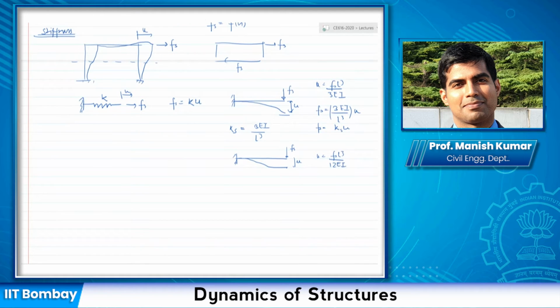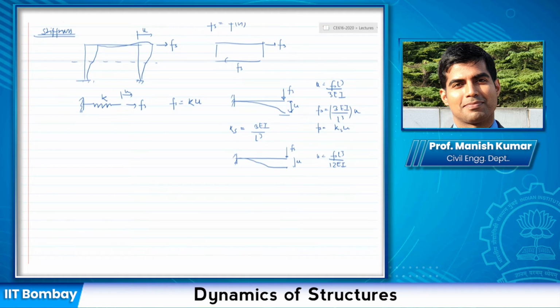You can refer to your structure analysis textbook. I'm not going to go into derivation on all those things. You can pick up any textbook on structure analysis and it would give you how to find this out. But for this case, I'm just giving you two simple relationships like this.